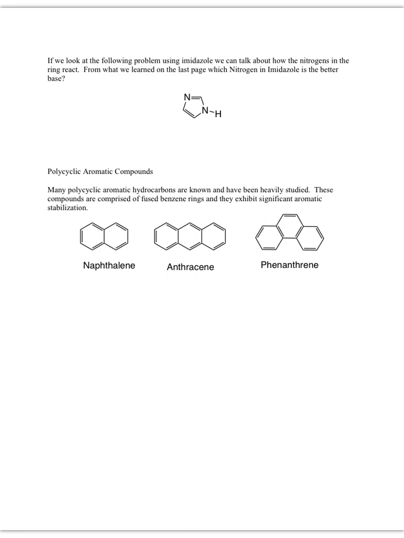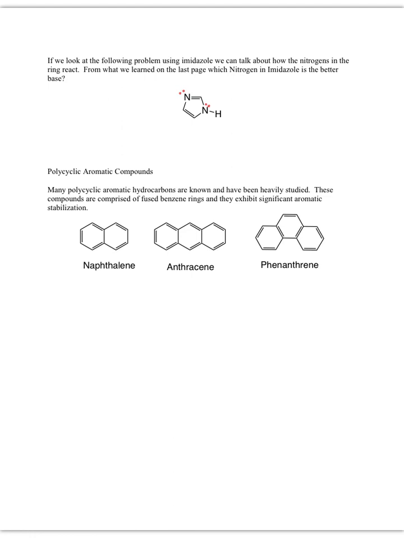We can also look at other rings. Imidazole: the nitrogen with the hydrogen on it has a lone pair that needs to be in a p orbital to overlap with the other ones, whereas the nitrogen with the double bond off of it has its lone pair in the sp2 orbital in the same plane as the imidazole ring.